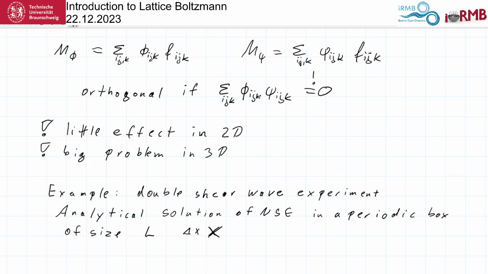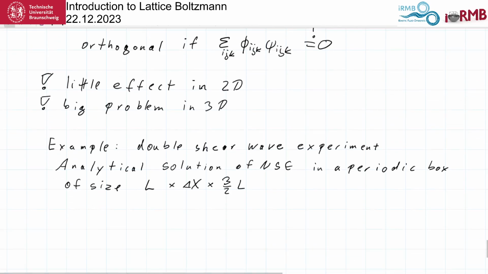I should make the one smaller and the x bigger, it's probably better, and 3/2 L. Okay, so the thing looks like this. The velocity ux is completely 0.